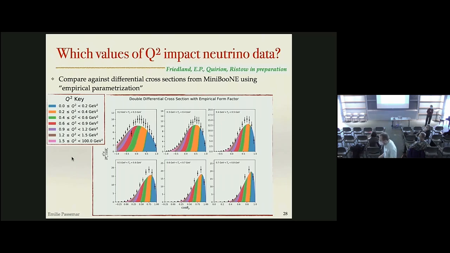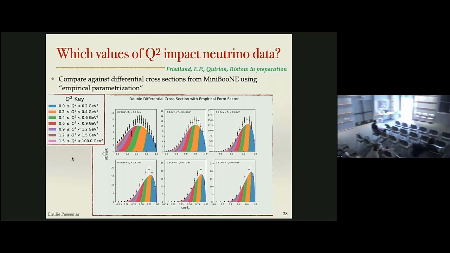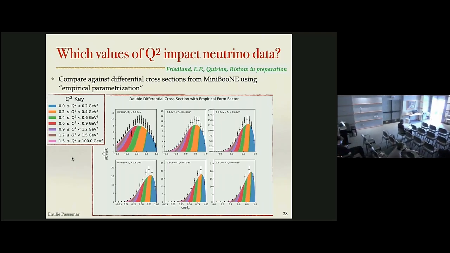I wanted to pick up on what you said about being able to see something coming out of the nucleus. Actually, this is a problem for Minerva, because if you try to define a very clean signal to measure a cross-section, it's very hard when you see too much.